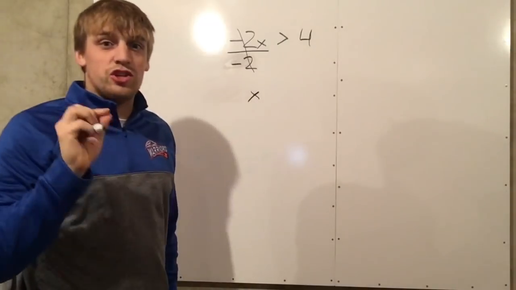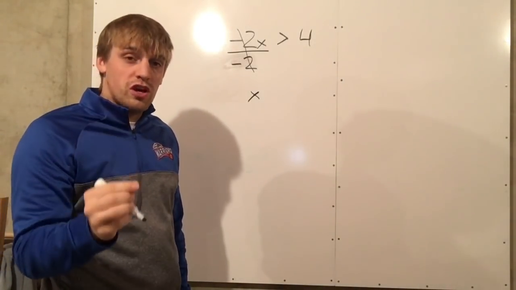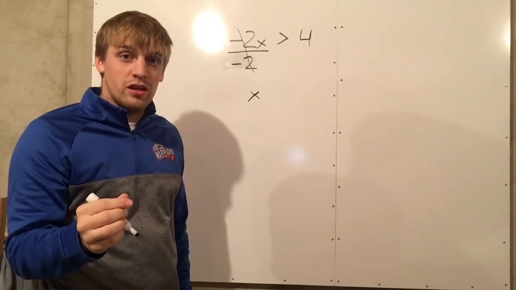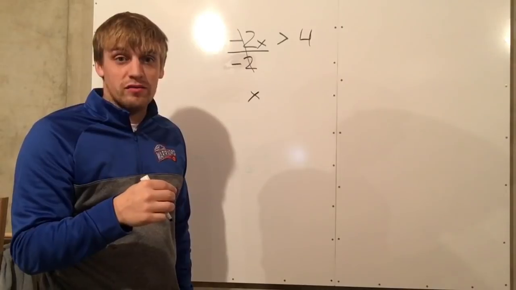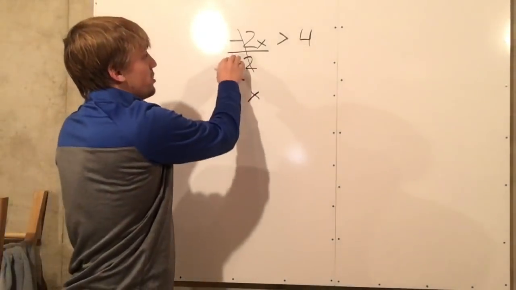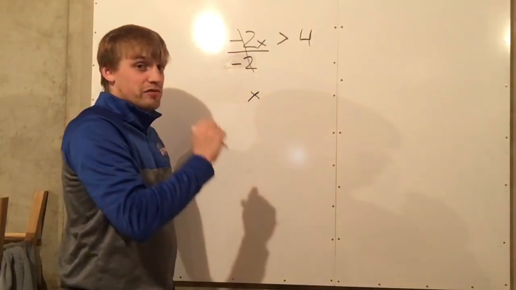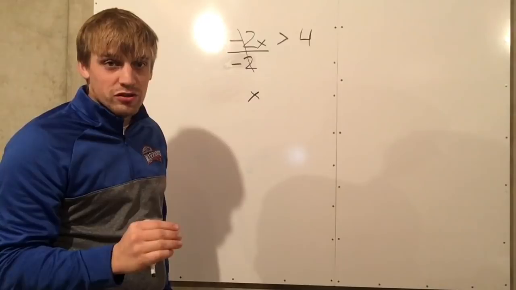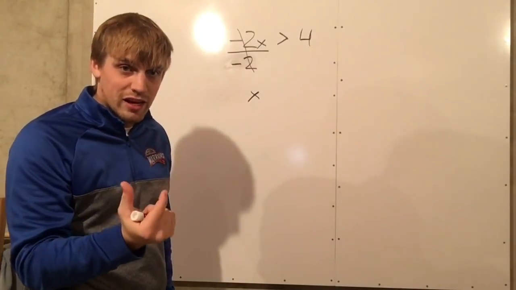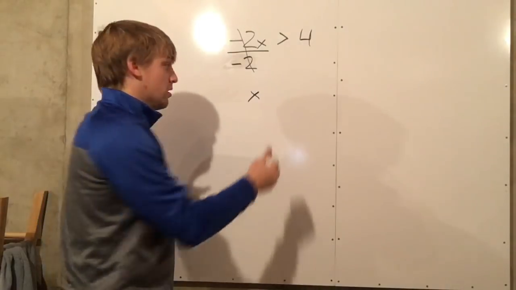Now, this is the change. This is the difference when you're solving a one-step inequality with a negative as opposed to without one. Notice how we are dividing by a negative, by negative 2. Because you're dividing by a negative, this inequality has to flip.